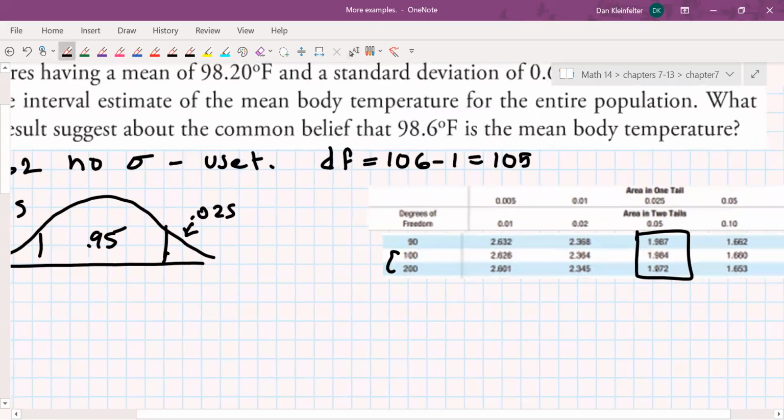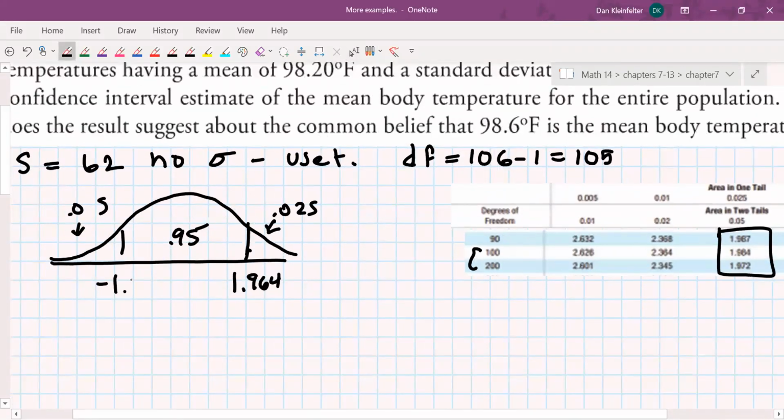You can try each of these on your own and see how much it affects the confidence interval we obtain. I'm going to go ahead and use the row for 100. We'll call it 1.964. If you do this on StatCrunch, you might get a little bit different answer.